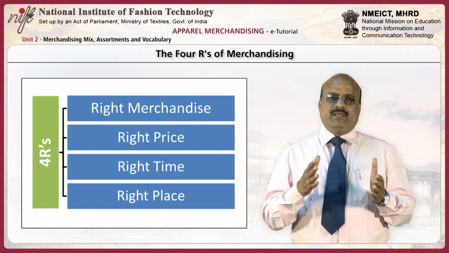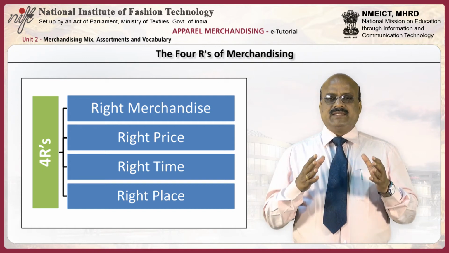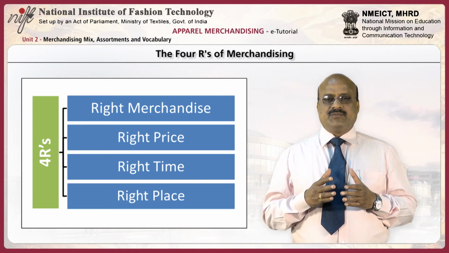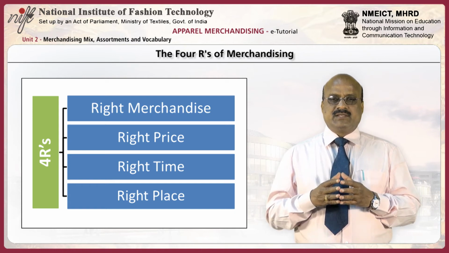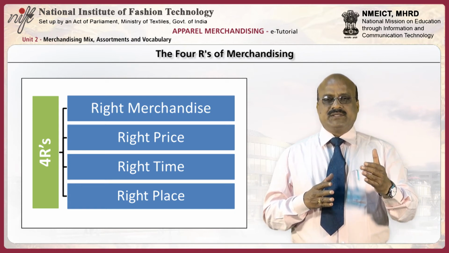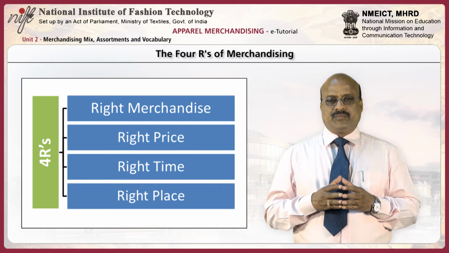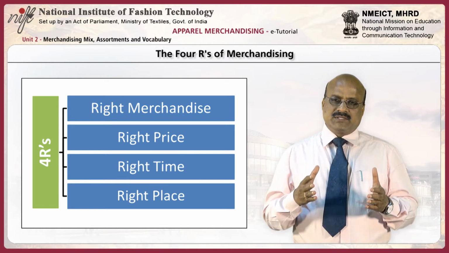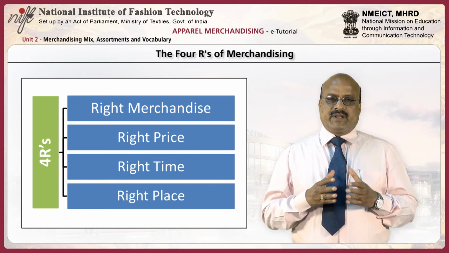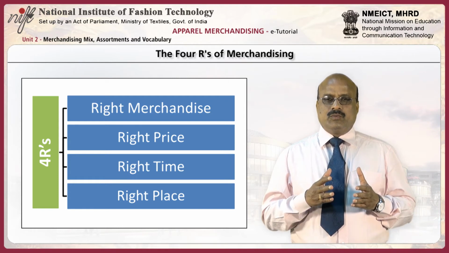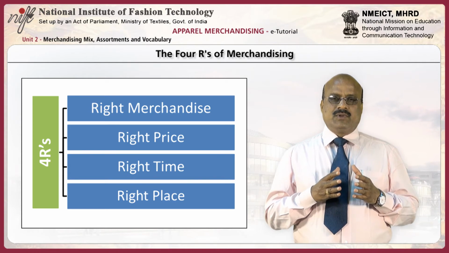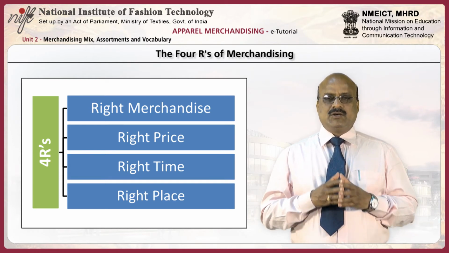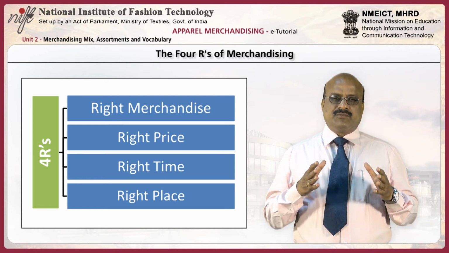To put it simply, fashion merchandising is the art and science of making the right product available at the right price, in the right place, at the right time. So, the 4 R's are: 1. Right product, 2. Right price, 3. Right time, and 4. The right place. These are known as the 4 R's of merchandising.